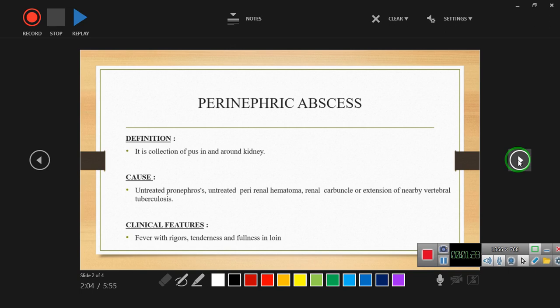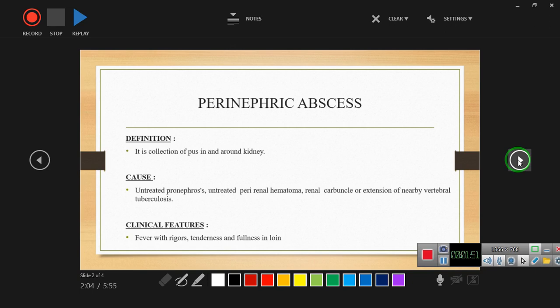Or the patient may have a trauma, and he may have a hematoma over there, which would get infectious material, and an abscess is formed over there. Or if the patient is diabetic, he may get renal carbuncle, and from that an abscess is extended over there.